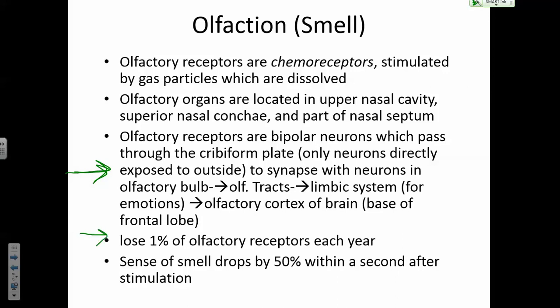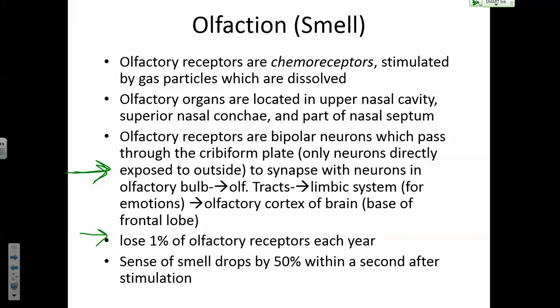We tend to lose about 1% of these receptors every year. Why do you think we lose them? Because they're exposed. They're neurons. If they are damaged, they don't regenerate, right? But even though they're neurons, they have a little bit more regenerative ability than most neurons do.